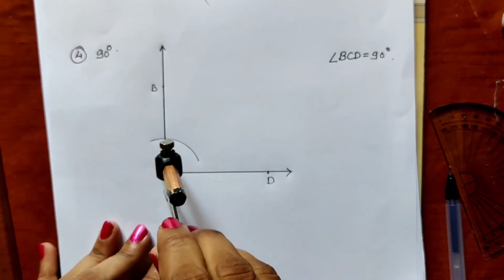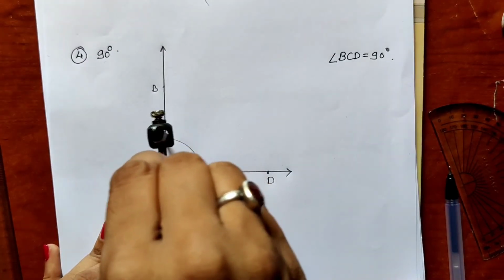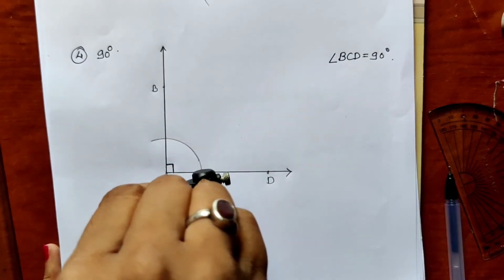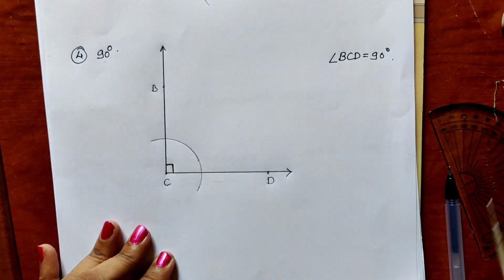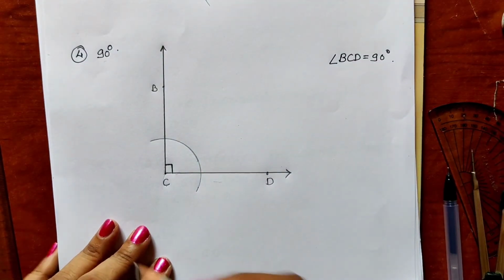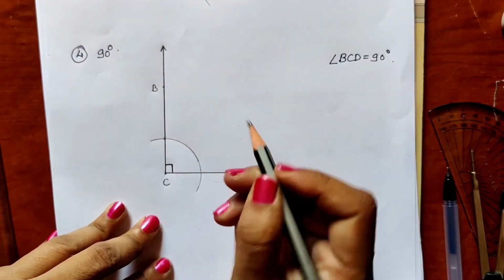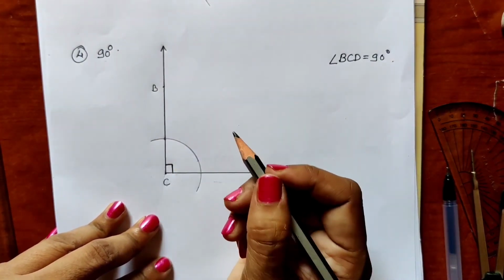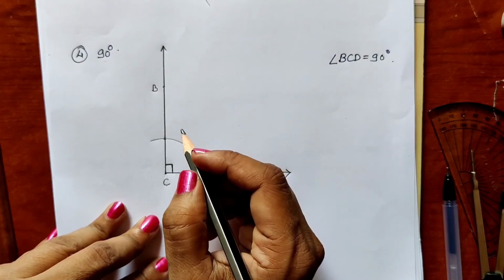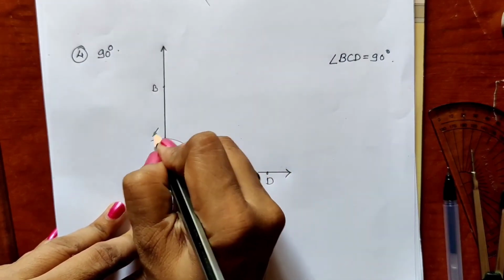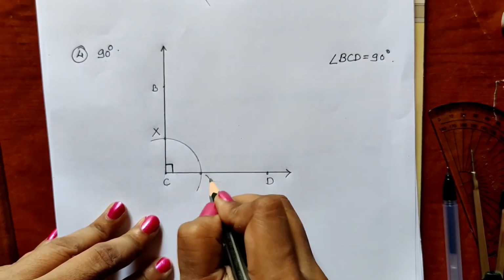So as you all can see, I am drawing an arc. Okay, so this may be point X and this is point Y.